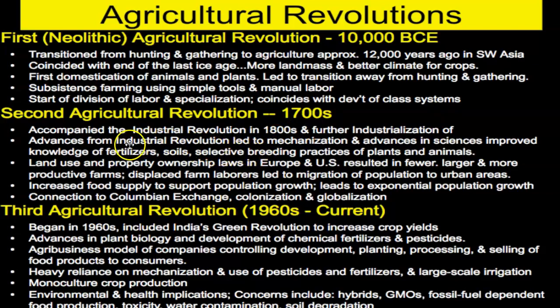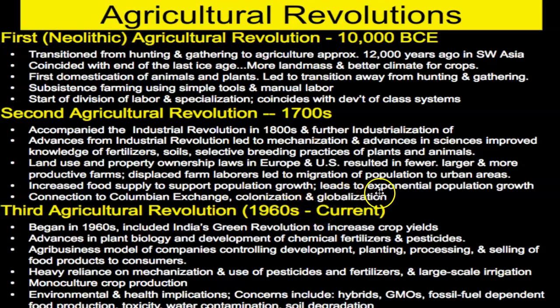And so we see advances from the Industrial Revolution that lead to mechanization and advances in sciences and improved knowledge of fertilizers, soils, and selective breeding practices of plants and animals. Land use and property ownership laws in Europe and the United States also resulted in fewer, larger, and more productive farms, which displaced a lot of laborers and led to migration of population to urban areas.